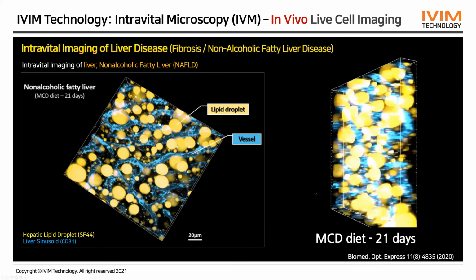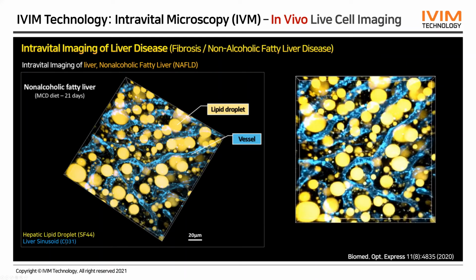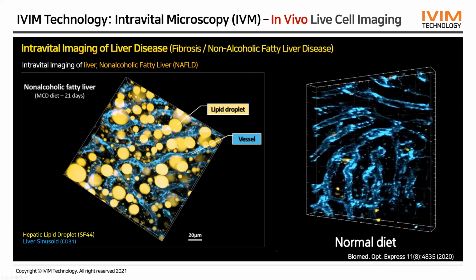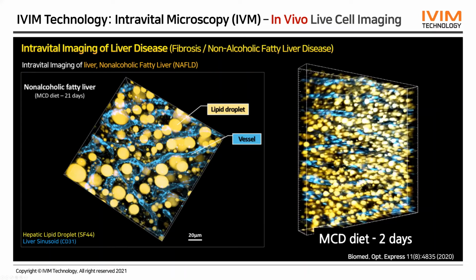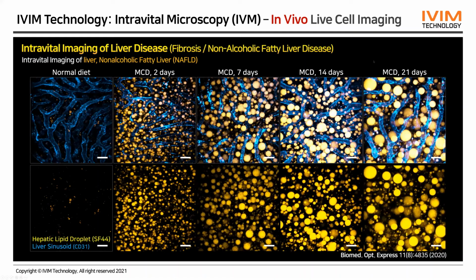And again, the liver sinusoid was labeled using an anti-CD31 antibody and fluorophore conjugate. So this is the same data from day 2, 7, 14, and 21.